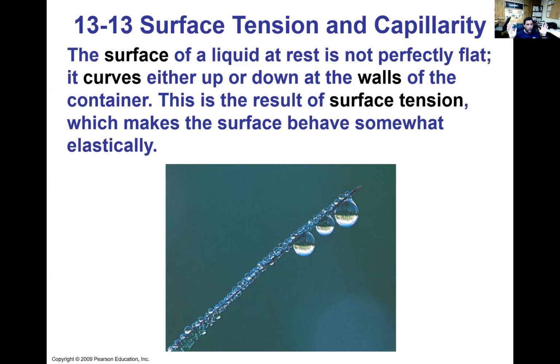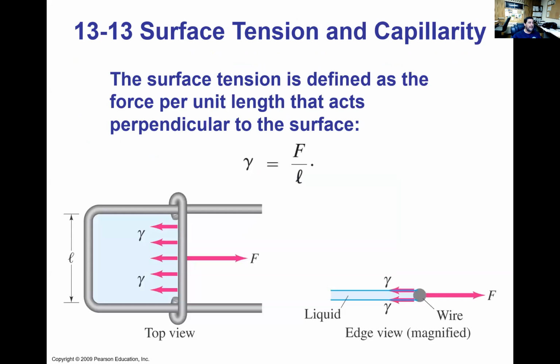They either curve upward or downward to follow the wall of whatever it is holding on to. This is called surface tension, and it makes for some interesting elastic behaviors, like you see with the beads of water on a blade of grass, or in a bubble wand. That ability to hold on to the edges of that circle has to do with surface tension.